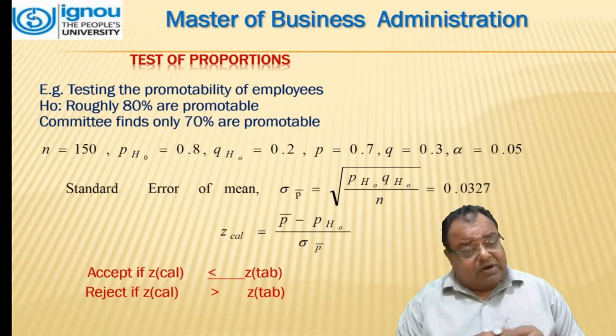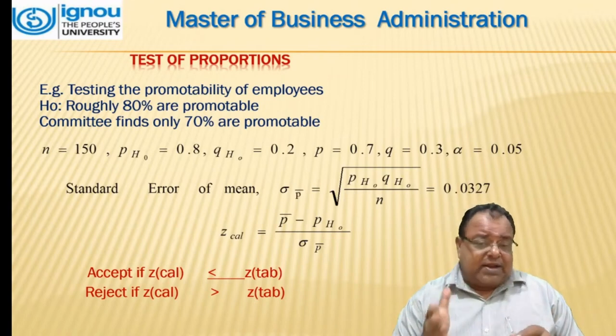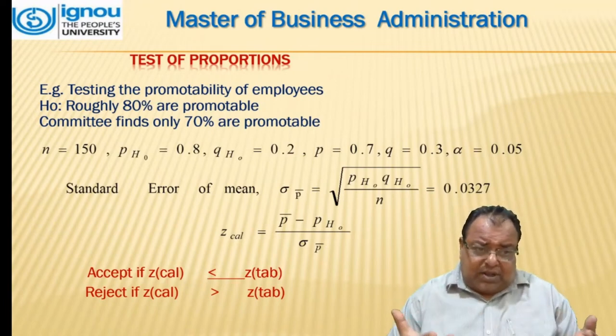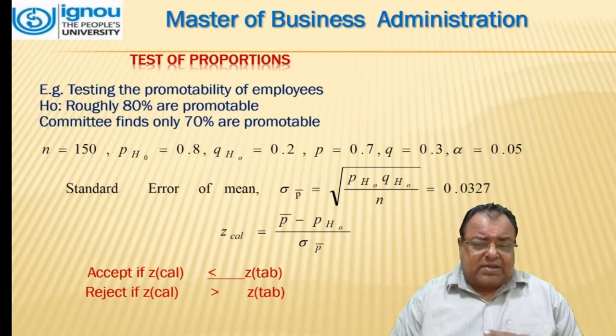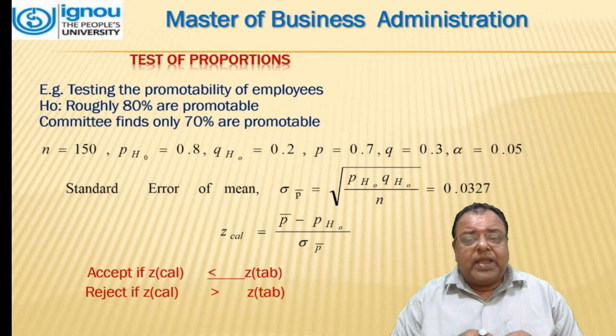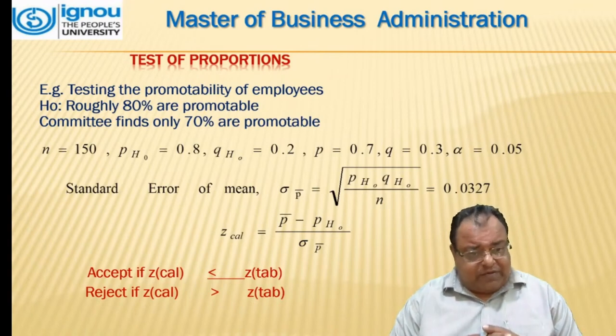That means Q H naught will be 1 minus 0.8, that is 0.2. What the committee concludes is P is equal to 0.7, Q will be 0.3, 1 minus P, and your alpha will be 0.05.